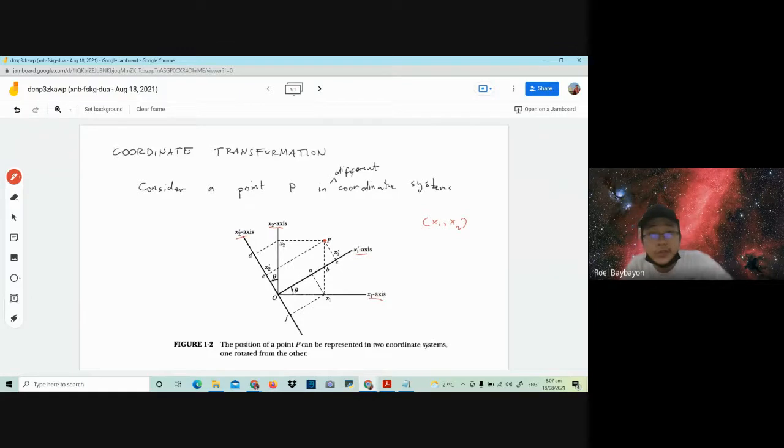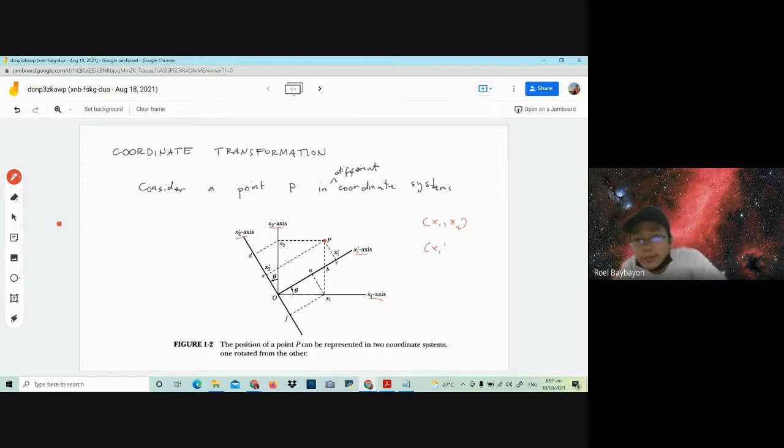So I have two coordinate systems, in 2 dimensions only, because it is difficult to draw in 3 dimensions. If it were 3 dimensions, I would have x1, x2, x3, and the other coordinate system would have x1 prime, x2 prime, and x3 prime.